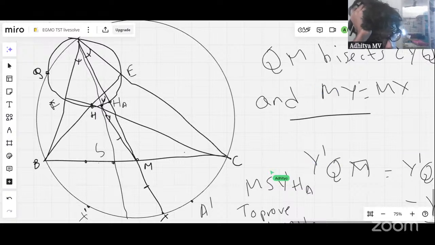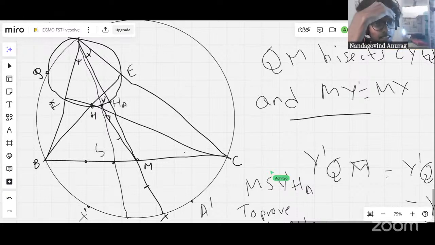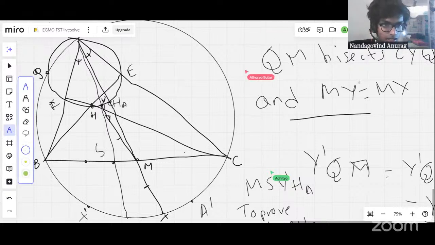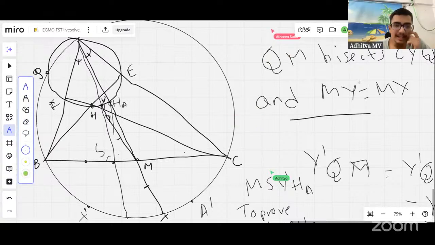Humpty A SM. You want to show this angle equals this angle, but now this angle is 180 minus this angle. So that's this angle, and so you want to basically show that these two angles are equal. So like angle bisector, right?